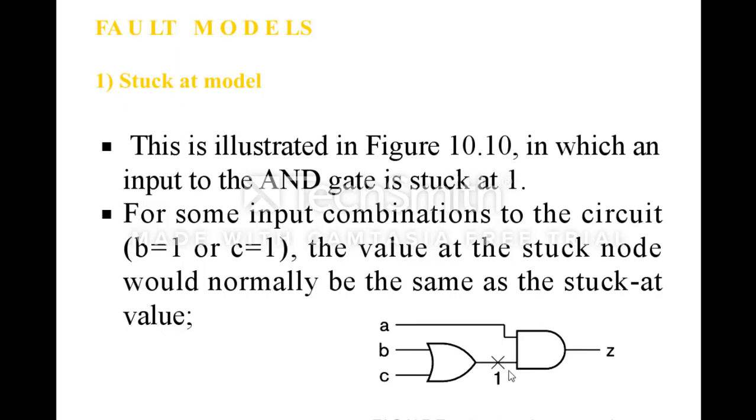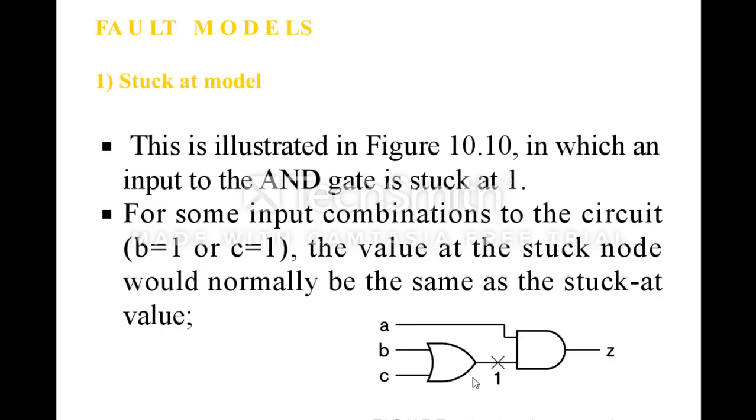Similarly, we can have stuck at 0 at any input or at any net connection. The particular point can be connected to 0, or if it is shorted to ground, that we call a fault in the circuit that makes the output incorrect. So this is one kind of fault model.